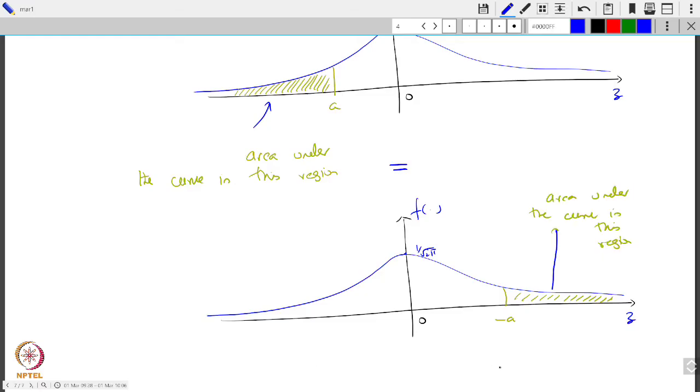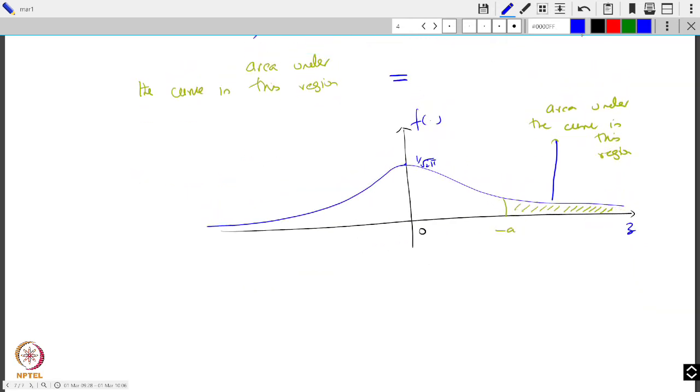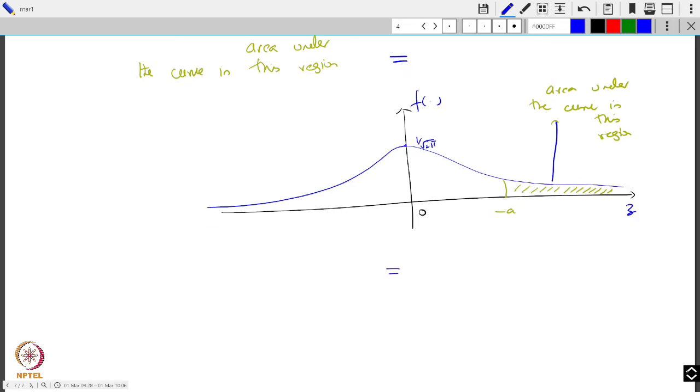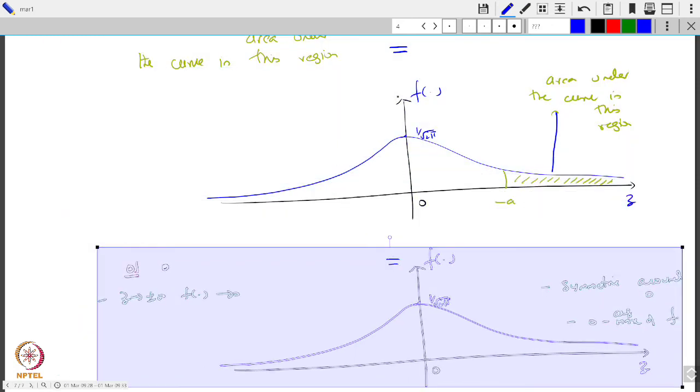Very cool. Right. So now I have transferred something, but this we also know from the other observation. So let me copy this down again.